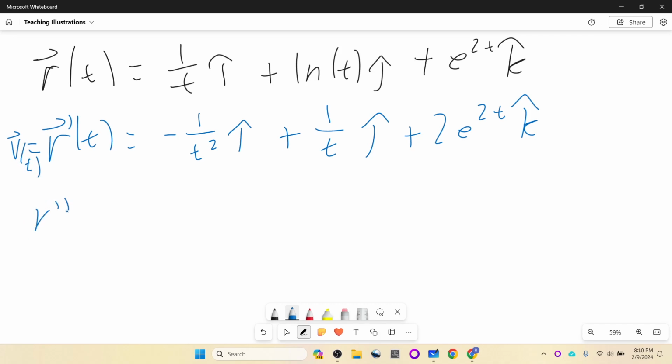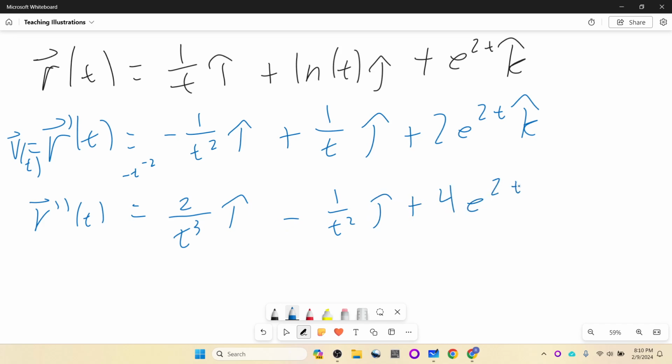Then r double prime of t would be, let's see, -t to the -2, so the derivative would be 2t to the -3. So 2 over t to the 3rd i minus 1 over t squared j plus 4e to the 2t k.